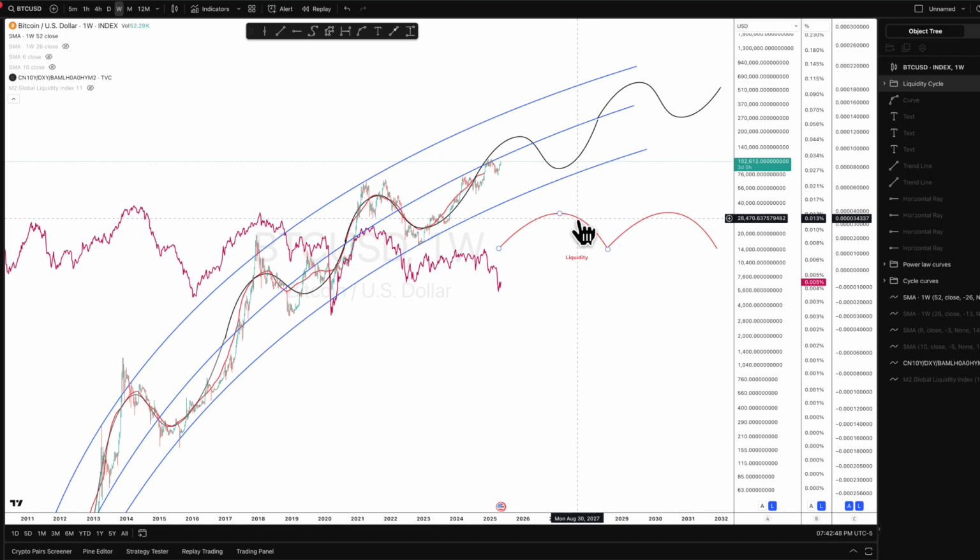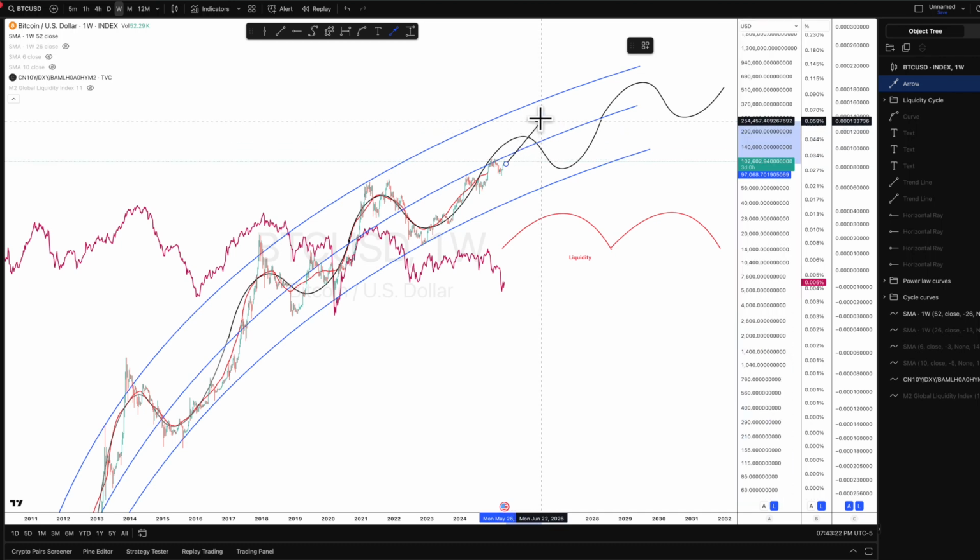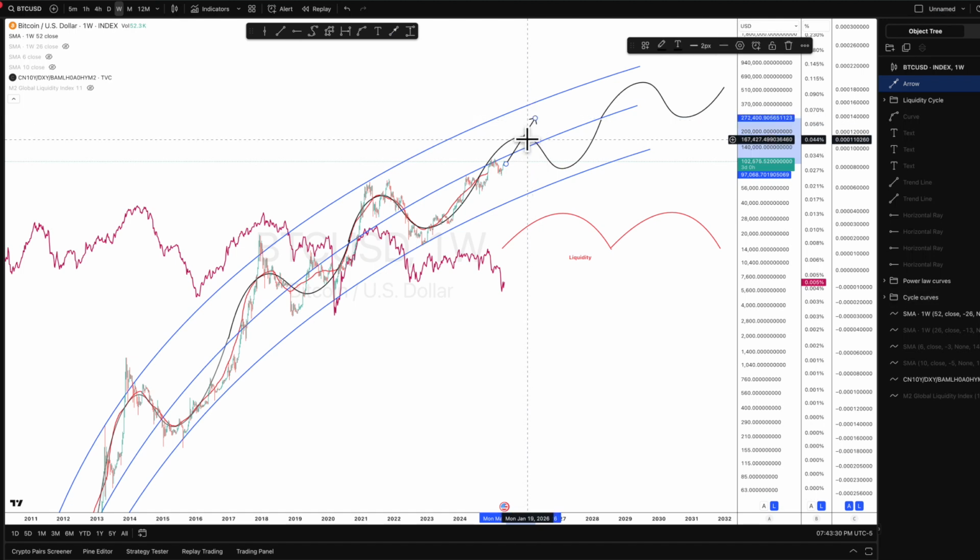So that could create the illusion that the Bitcoin cycle has broken. What that could end up looking like is a very, very high, late peak in early 2026, because you've got a convergence of the Bitcoin cycle and the liquidity cycle both being on the upswing.